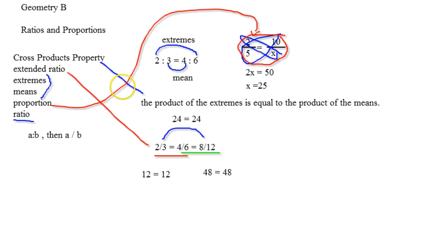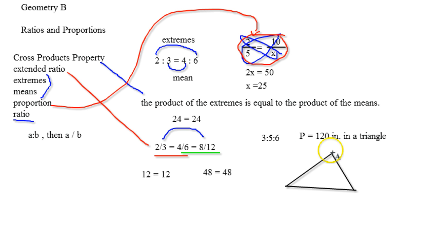Now, if you have something that says the ratio of the sides of a triangle are 3 to 5 to 6, and you know that the perimeter is equal to, let's say, 120 inches, and it is in a triangle, then since the ratio is 3 to 5 to 6, we would start with the shortest side, 3x, then the second largest side, 5x, and then this side, which is 6x.